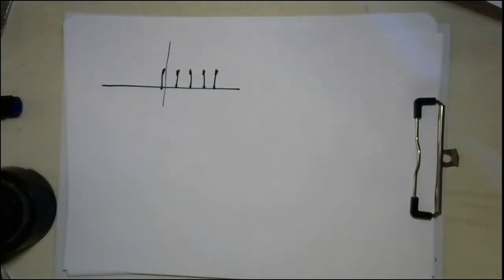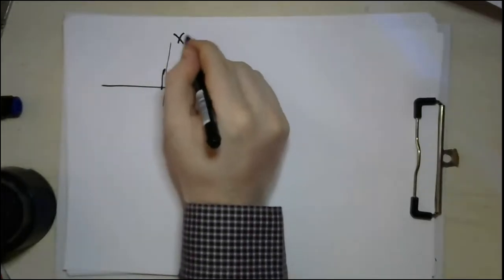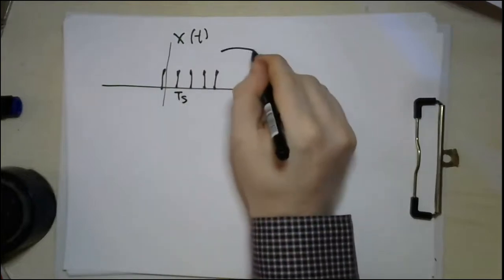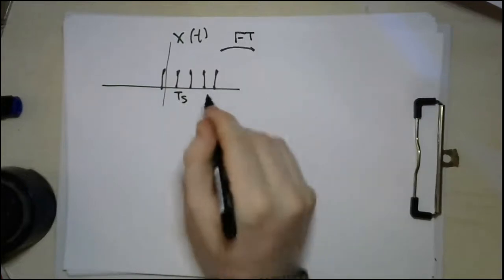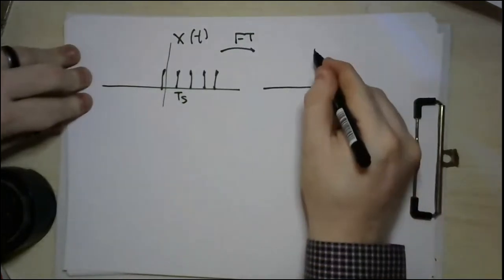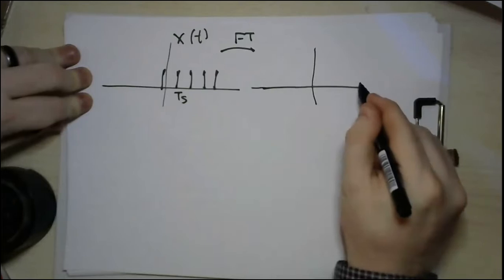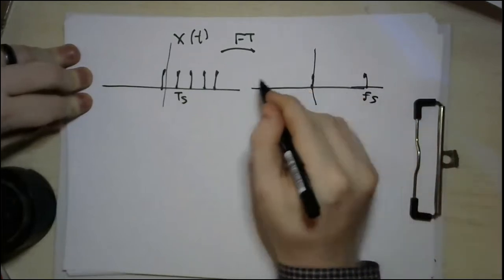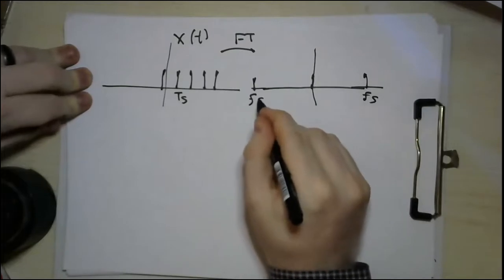And we proved that if this is x of t, and if this is Ts, the Fourier transform for this is simply another train of impulses, but in the reciprocal domain.